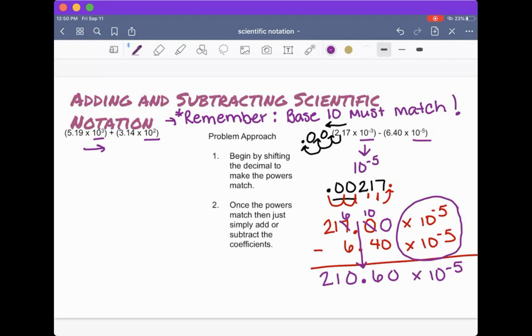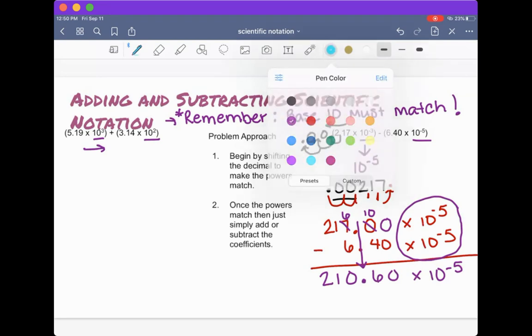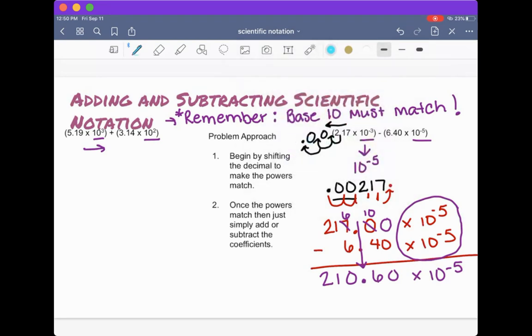Now, again, because we're in a science class and whenever we're dealing with numbers in scientific notation, we must make it follow the scientific notation format. That means we can only have this 2 and then the decimal. This has too many numbers in front of the decimal and we can't have that. So we need to make it match. We're going to bring this decimal right here. Now I moved it how many times?